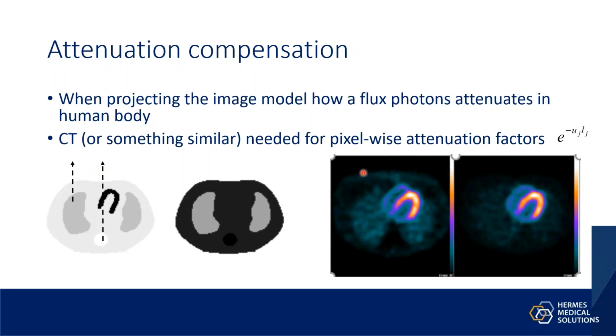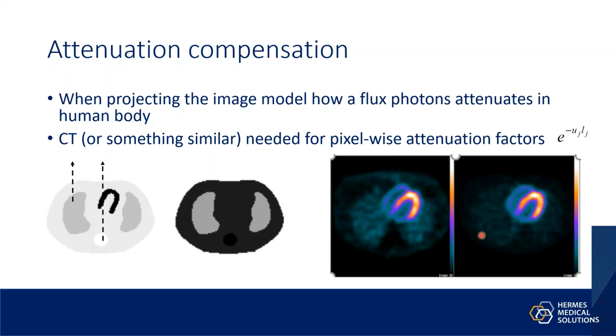And if we don't do the attenuation compensation, our reconstruction algorithm cannot know that the lung density is different from the soft tissue density, but it assumes that because there is more activity coming from the lung area, there has to be more activity in the lung area.